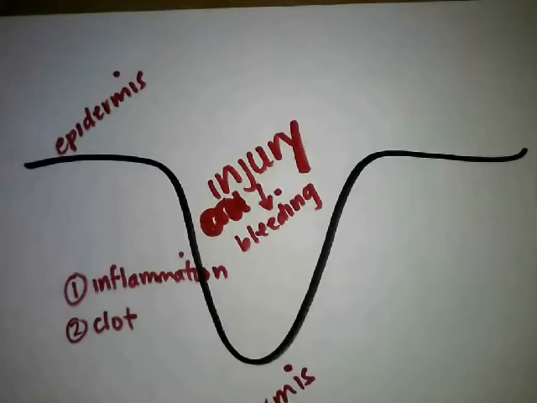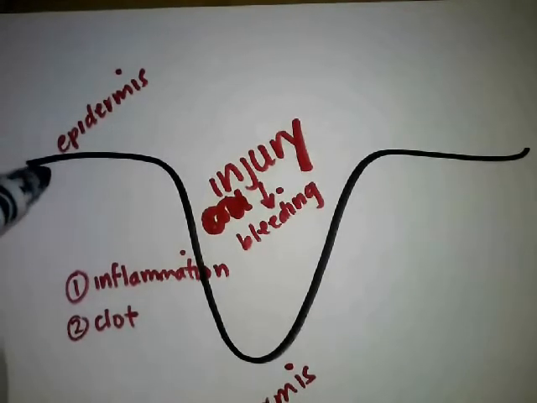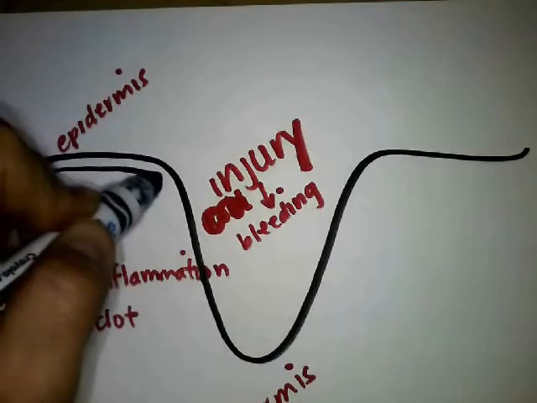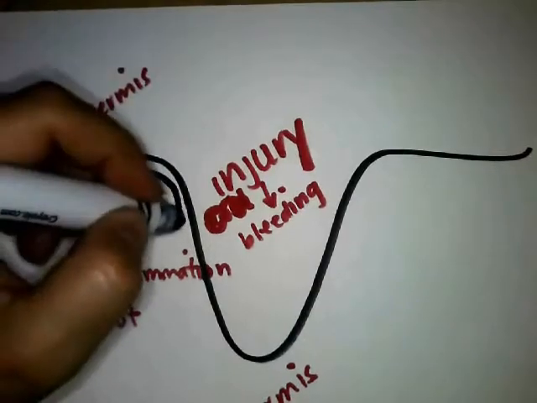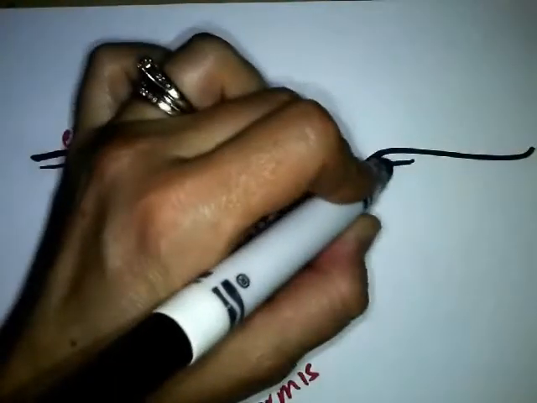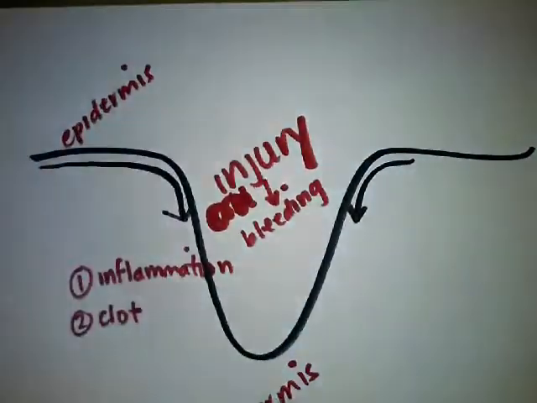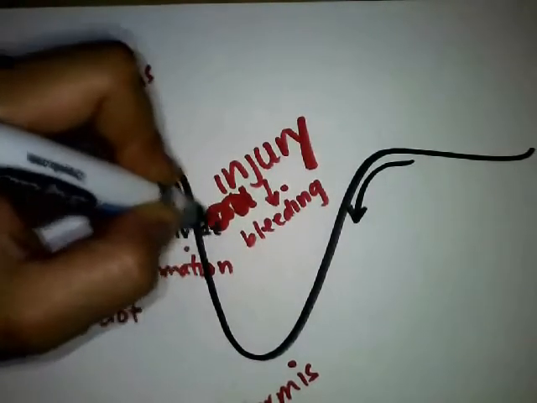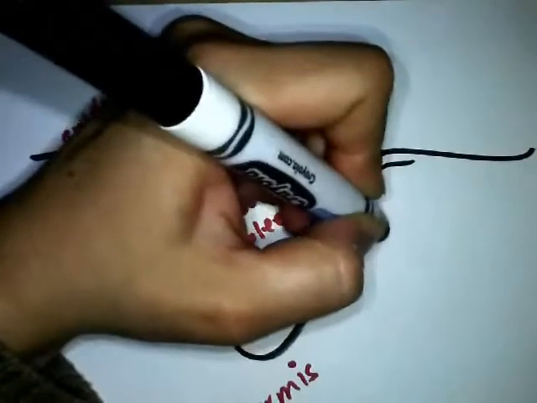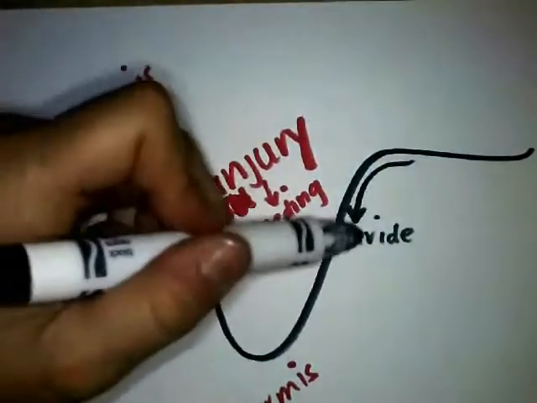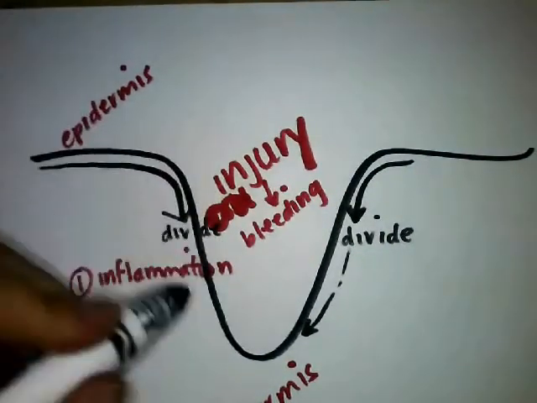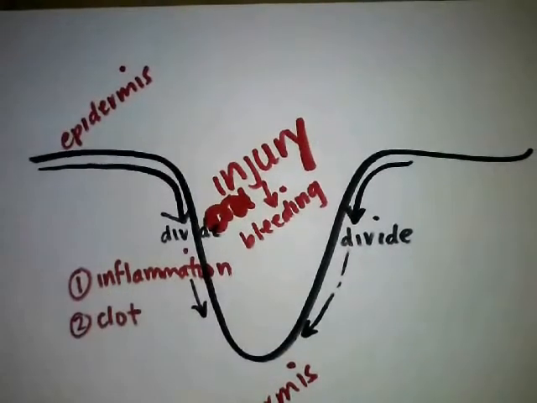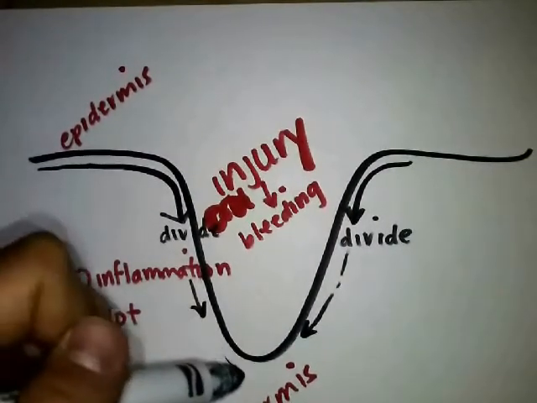So what's going to happen here is that cells in the stratum basal are going to start to migrate downwards, and they're going to divide and start to repair, moving down this way, kind of filling in this injury site.